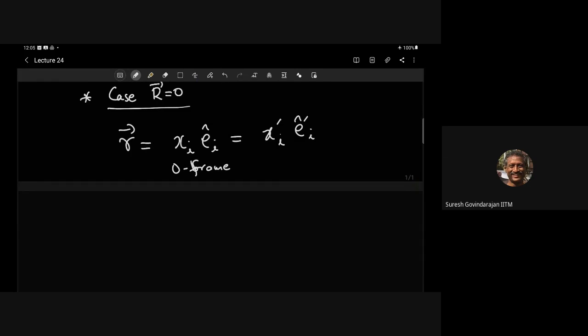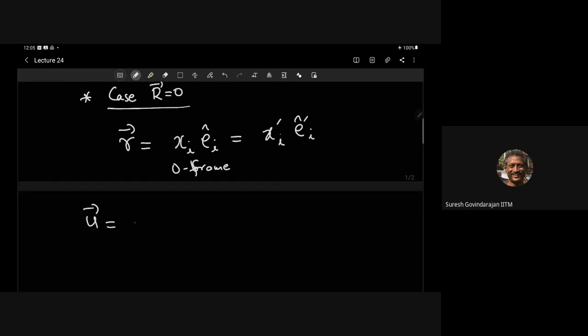Okay, so given this we started to evaluate. We saw that there was a velocity which we could associate to this, it's dr by dt, and we were doing it in the second frame, and so we got the following thing.